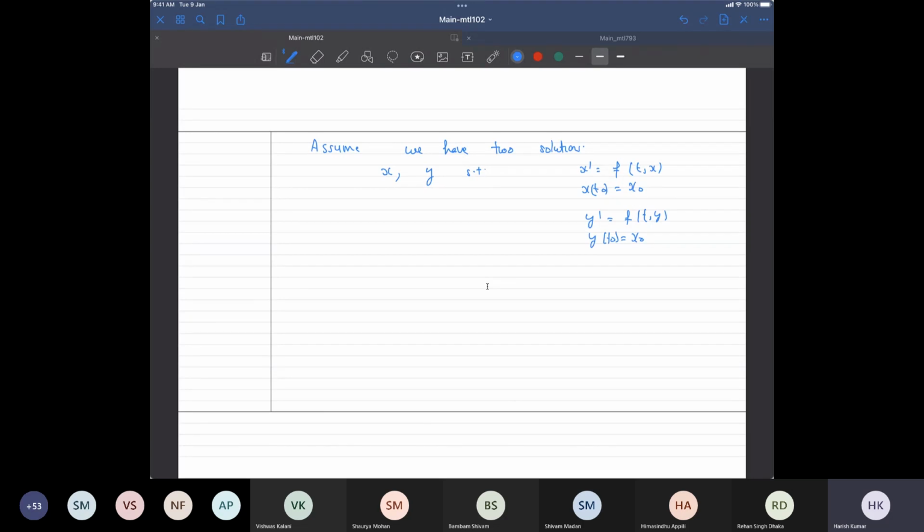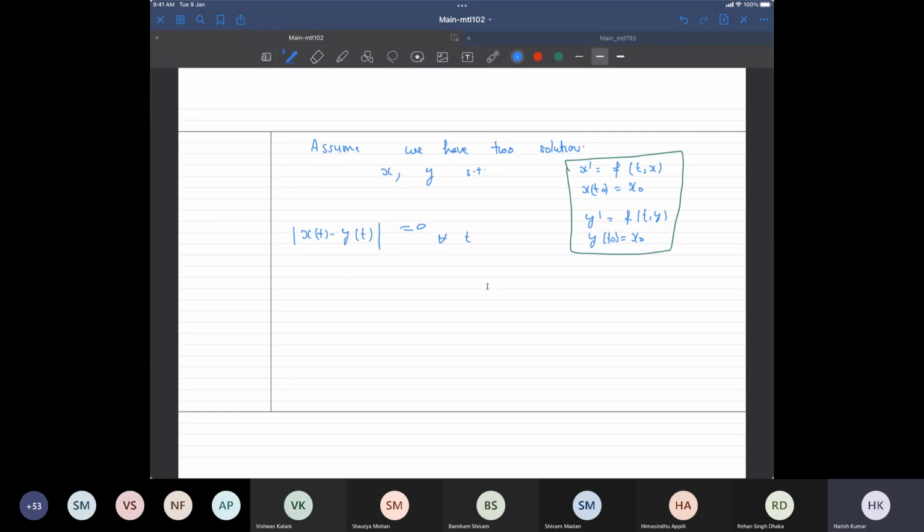That's what it means to have two different solutions: exactly the same initial condition, same function f, but you get two functions. Then what we want to show is that x of t minus y of t is equal to 0 for all t.